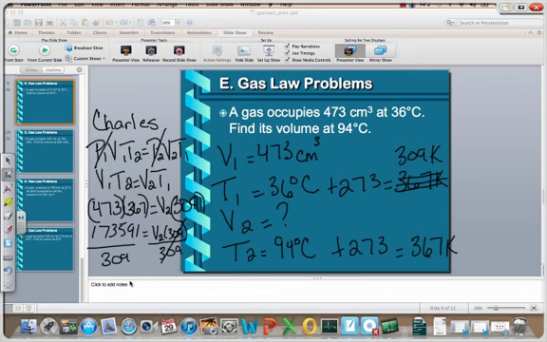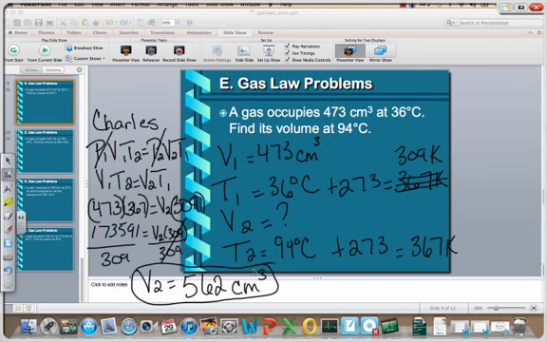After you do that, your volume should be 561.62, and I want 3 sig figs, so 562 centimeters cubed. Since the original volume was given in centimeters cubed, our final volume should also be in centimeters cubed.